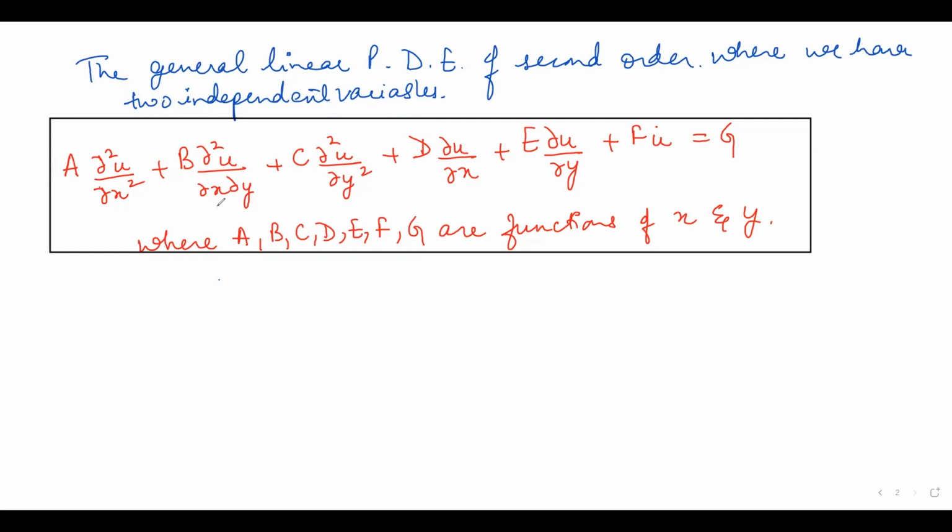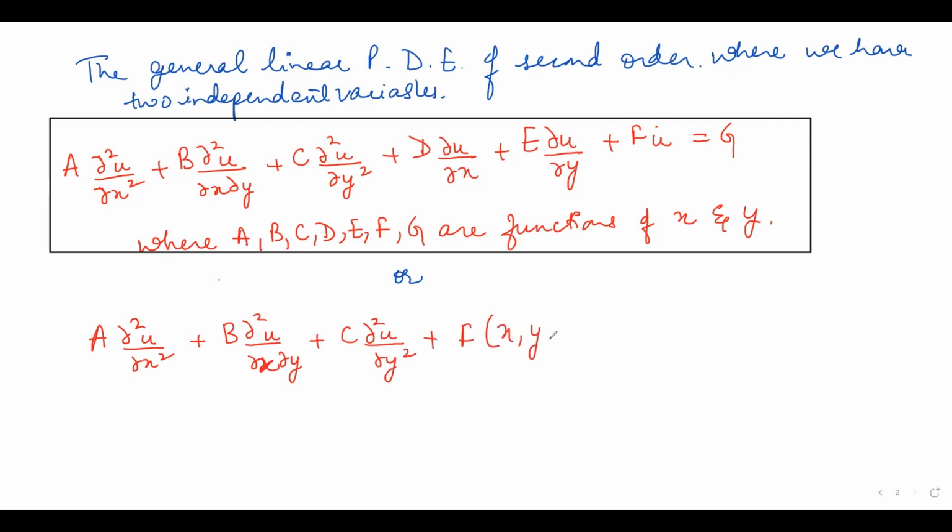It can also be written as a del square u upon del x square plus b del square u upon del x del y plus c del square u upon del y square plus a function of x, y, u, del u upon del x, del u upon del y is equal to 0.